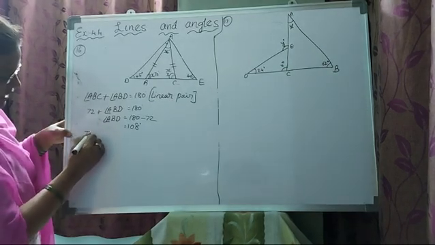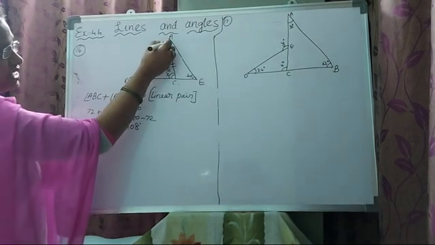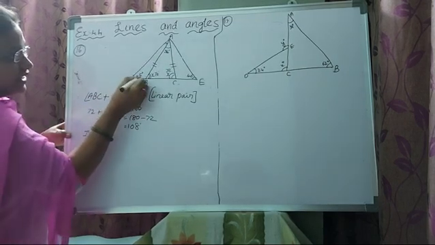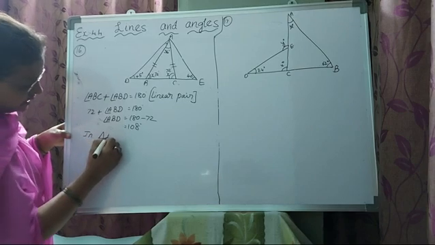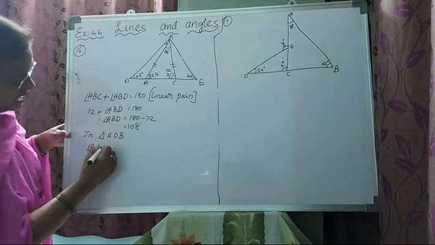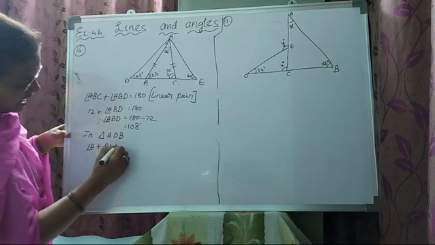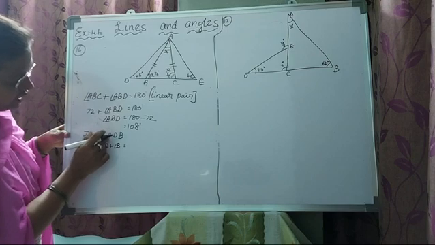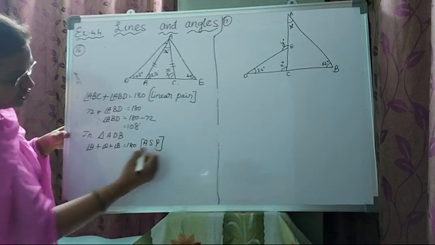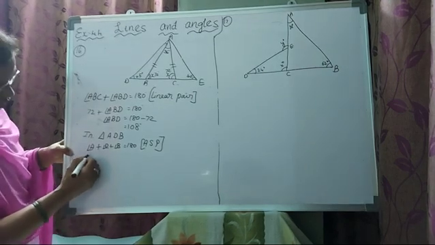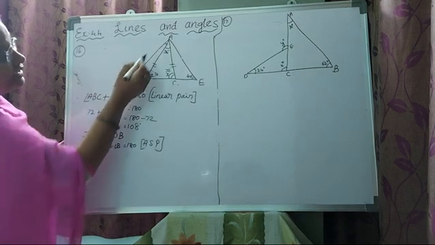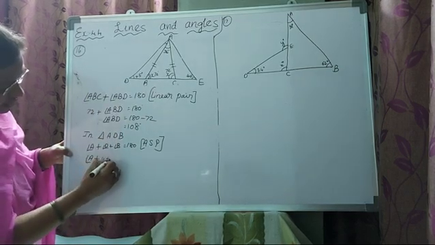Now in the triangle, we want this angle. This one we know. In triangle ADB, angle A plus angle D plus angle B in this triangle is equal to 180. Angle sum property. So angle A we don't know. Angle D, 45, is already given.